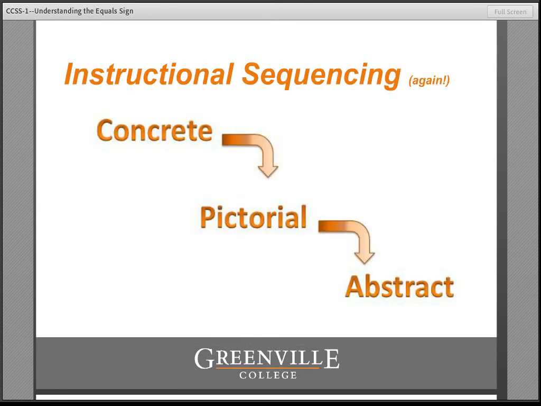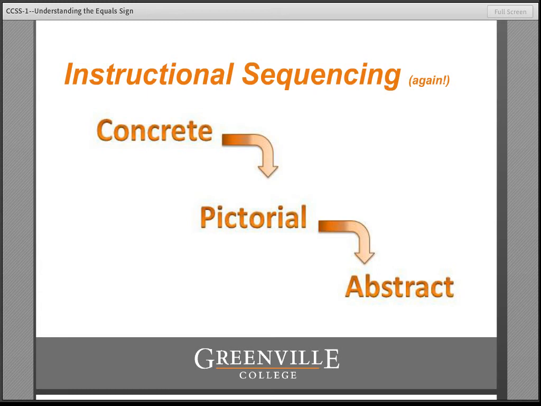It's easy to think about where we want children to end up, which is of course the abstract level, and to assume that if we merely give them enough practice at the abstract thing, then they'll get it. While practice does play an important role in mathematics education, practice alone, though, does not result in expertise. Rather, children need to gradually build their knowledge and skill base using what they've made sense of on a concrete level to build incrementally increasing levels of abstract knowledge.